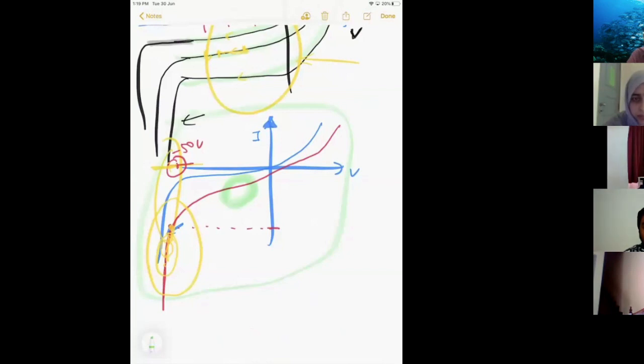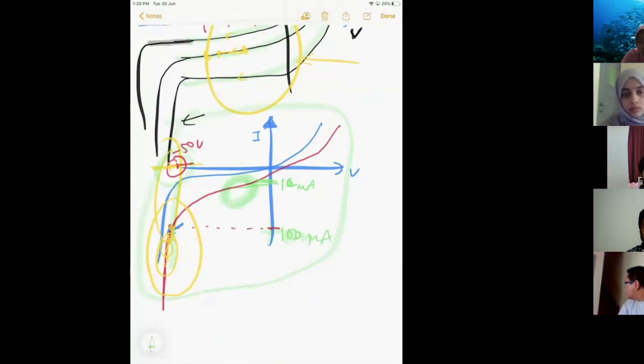But if I bias it at -50 volt, I can get maybe 100 times more current compared to here. Which means that I don't need an amplifier. With the same light, here I only get 1 milliamp, but at -50 I get 100 milliamp using the same device.